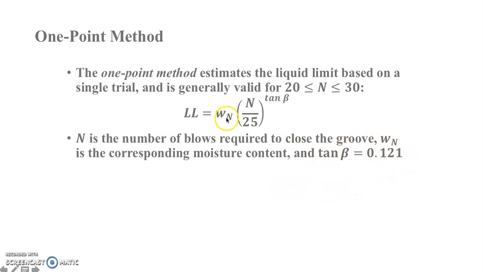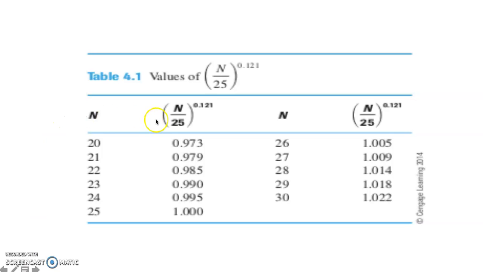Your Wn refers to the corresponding moisture content as it closes the groove in our trial. So we have here corresponding values for N over 25 raised to 0.121. You just have to obtain the corresponding number of blows on this table.